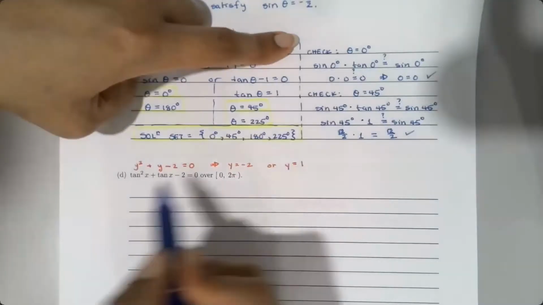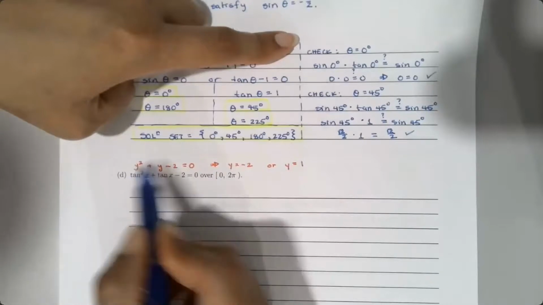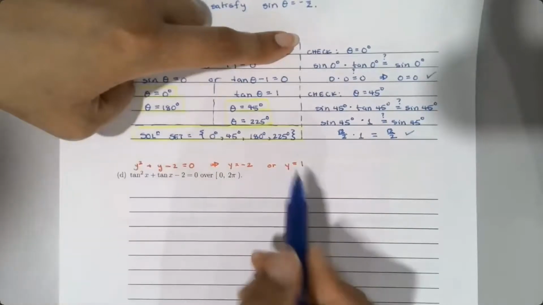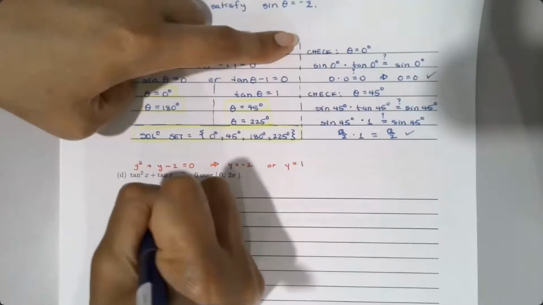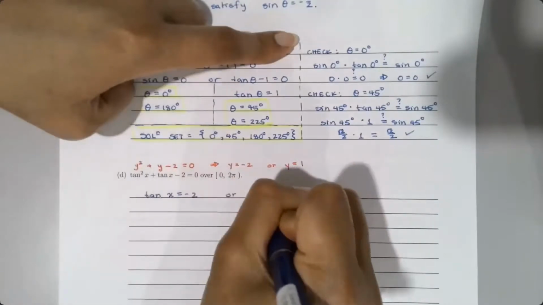And so we said if a tangent is represented by y, and y is equal to these numbers, that means that tangent of x has to be equal to negative 2, or tangent of x has to be equal to 1.